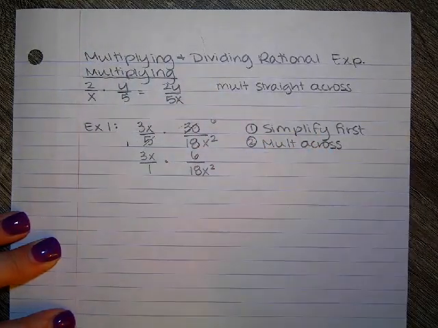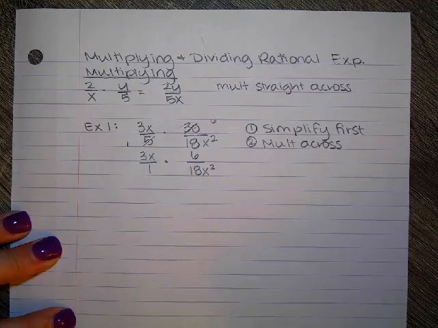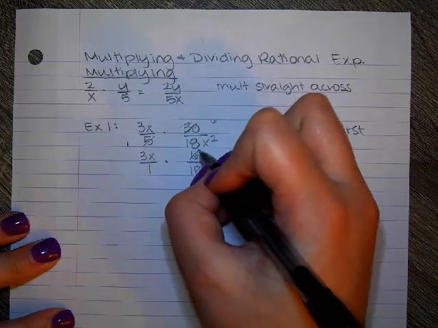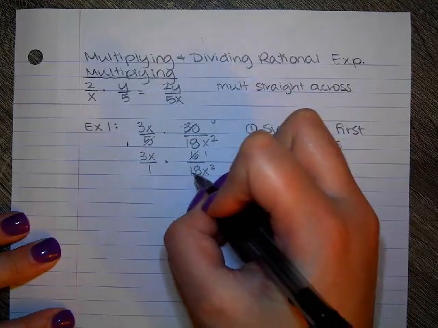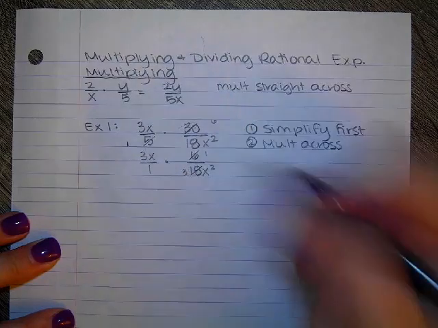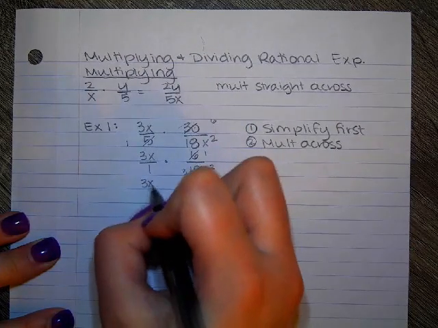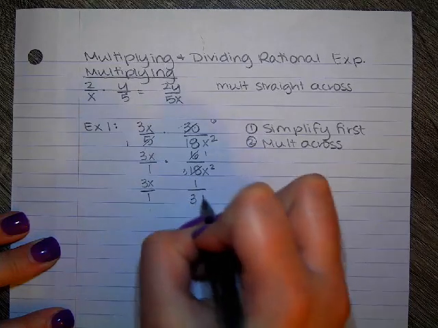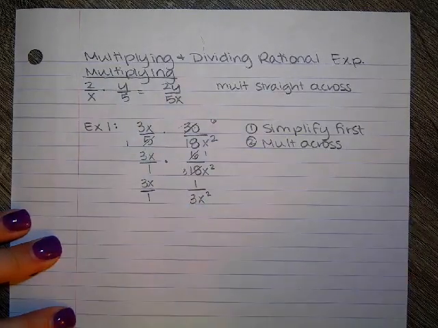Then I'm going to say, all right, well now the 18 and the 6, that can reduce. So 6 divided by 6 is 1, and 18 divided by 6 is 3. Now I've got 3x over 1 times 1 over 3x squared. Now I can see that those 3's should cancel.